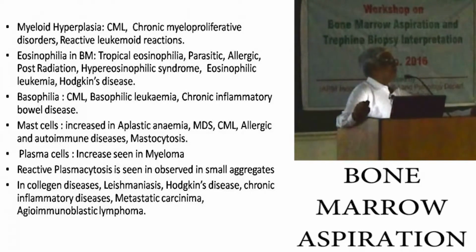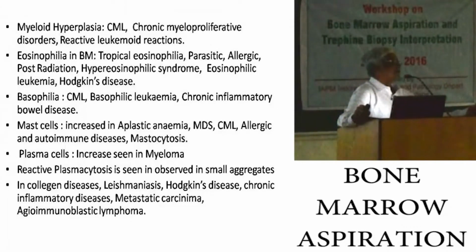Another case, a young person of 18 years came. The count was around 20,000. And what I observed, even the blasts, myeloid blasts, 1 to 2% were seen with myelocytes, metamyelocytes. When I rang up my consultant who had sent this, he said, well, just don't bother, I will send you this patient after 8 days.